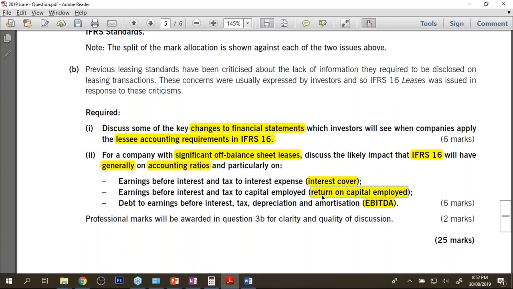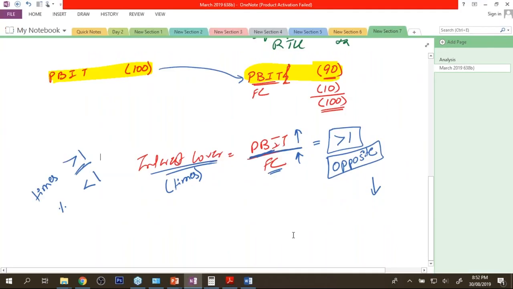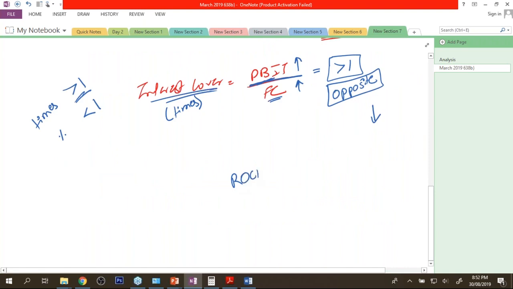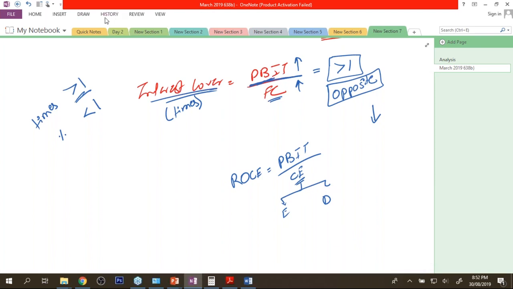Now, the next thing was the return on capital employed. So, what will be the impact on the return on capital employed? Return on capital employed again means PBIT divided by capital employed, which includes the equity and which includes the debt. So now what will happen? The PBIT is increasing with a minimal value, but the debt would be increasing significantly because we have increased a large amount of the lease liability.